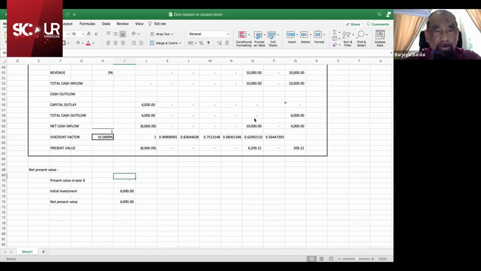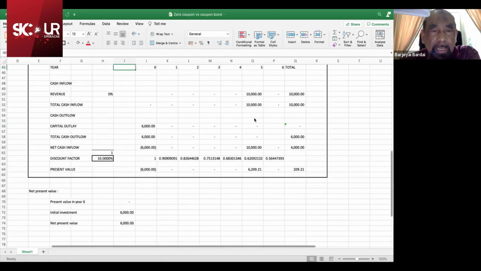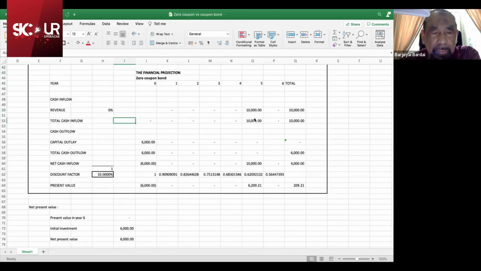Yes, in this case the varying thing is the capital outlay. How much capital outlay do we have to pay?